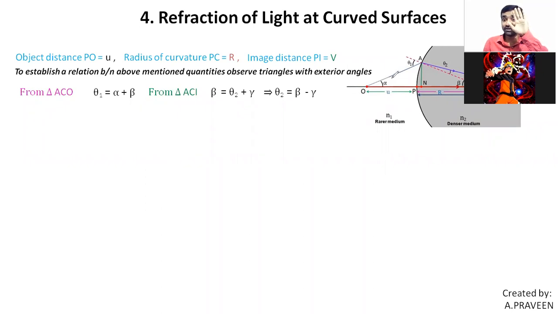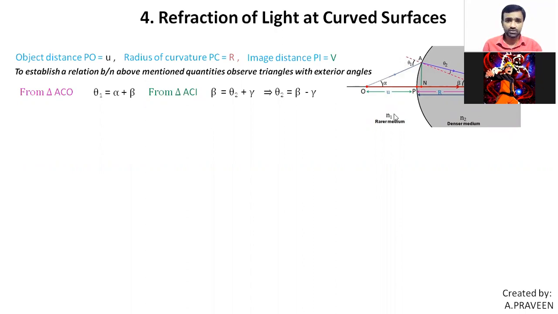Alpha, beta, gamma are angles, but they are made by certain light rays with the principal axis, not angle of incidence, not angle of refraction. That's why I'm not touching them. If required, I can find them later.